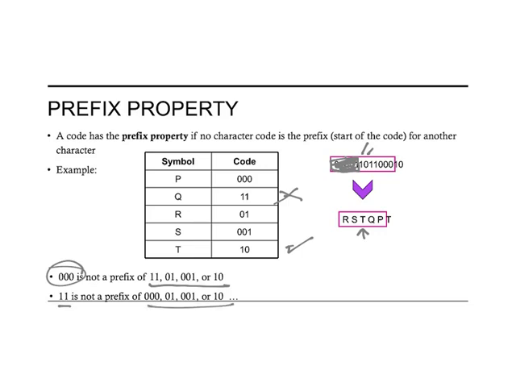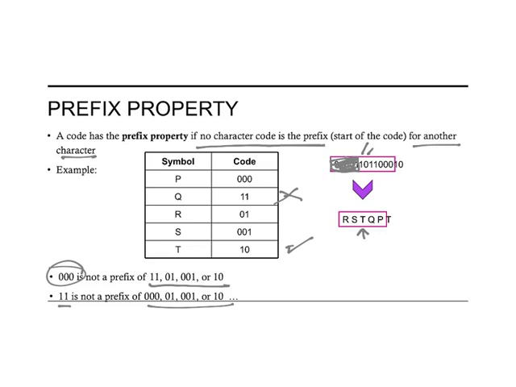So no character code is a prefix for another character. This way of encoding will guarantee that when translating, we will achieve the same unambiguous translation. So it's a nice property.